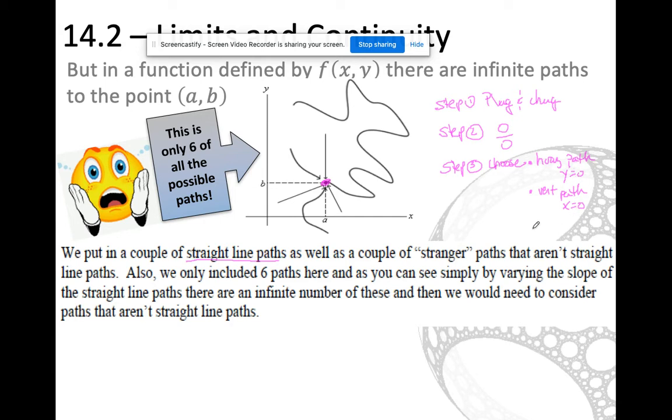If those two limits are the same, I'm going to investigate a diagonal path where x is equal to y. I might have to do a couple of stranger paths, but the strangest I'm going to get is like x squared or x cubed. That's as far as we're going to go.